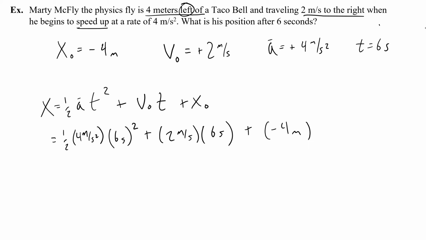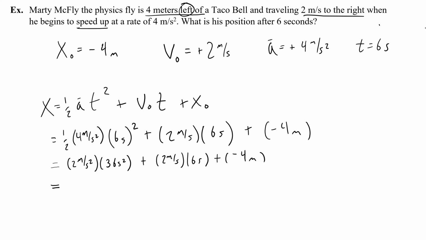Okay, now I go through and I work on all of these terms. Half of 4 is 2, so that's 2 meters a second squared. 6 seconds times 6 seconds is 36 seconds squared. And then I'll write this 2 meters a second times 6.